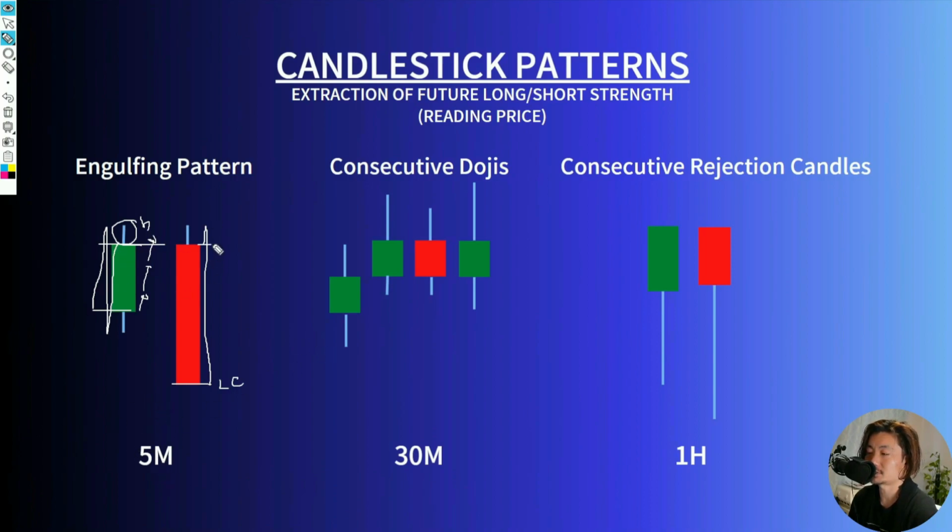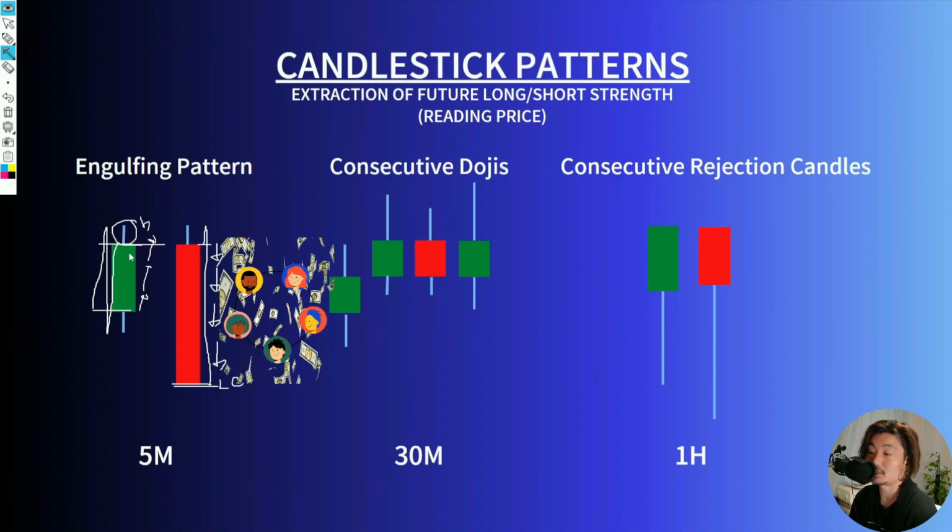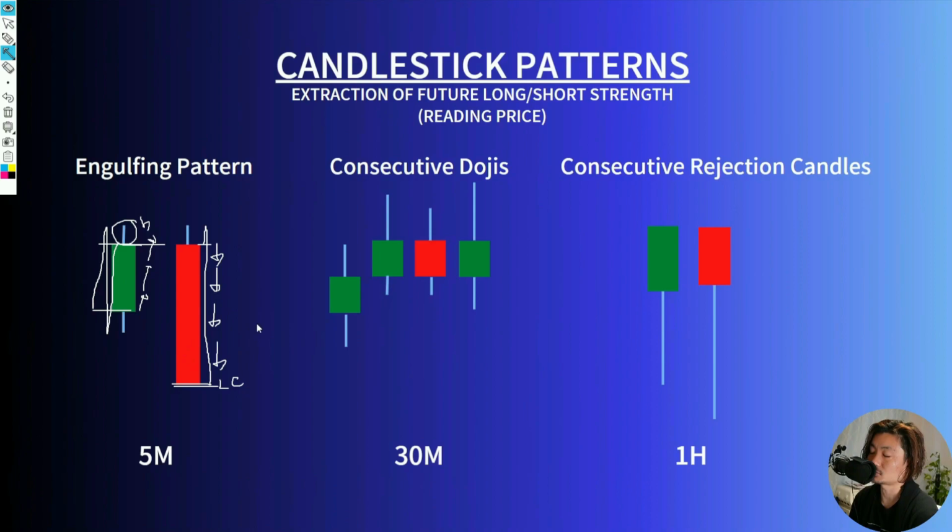However, on this second candle, the sellers were willing to keep selling all the way down to these levels, roughly twice the size of this first 5-minute candle, and moreover closed at the lowest level that price got to within 5 minutes. This abundance of sellers in a range much larger than the initial candle is the engulfing pattern, and this shows future short strength.